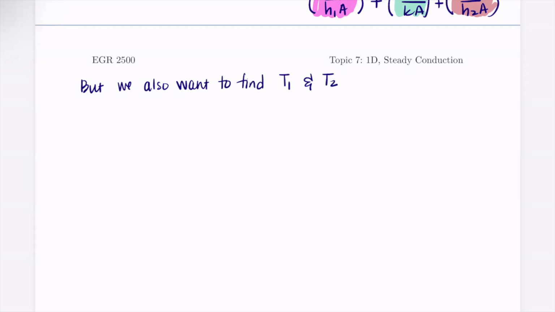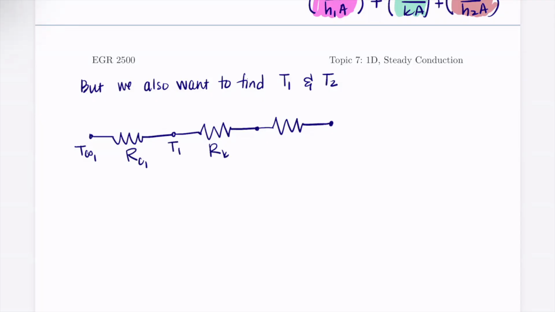Okay, so we're going to do that by essentially considering different equivalent subcircuits. Okay, so I'm going to draw our picture one more time. So we have T infinity 1, RC1, T1, RK, T2, RC2, and then T infinity 2.